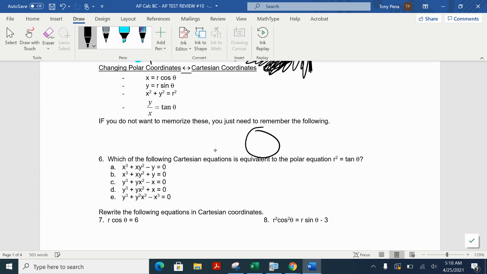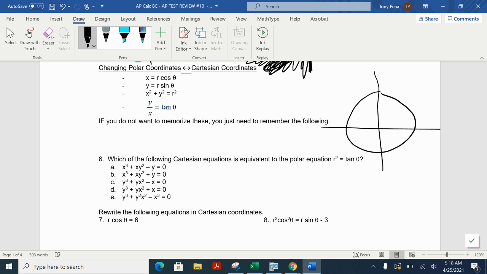What I have right here in this open space is we can always kind of prove these by, let me draw this a little better, drawing a circle that's centered at the origin, and then draw a radius out from there. And then we create this angle. And we can then drop down an altitude to create a right triangle. This is x, this is y.